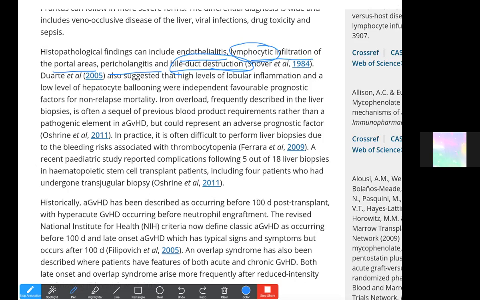And in this case also, the bile duct is destroyed, and there's pericholangitis with lymphocytic infiltration in the portal areas. So there's one area that's usually destroyed, and the other part shows this lymphocytic infiltration.